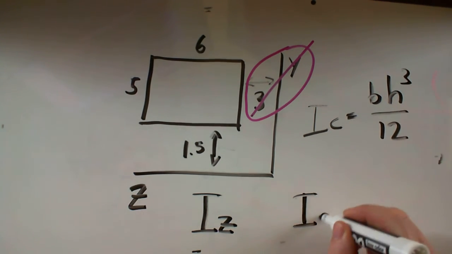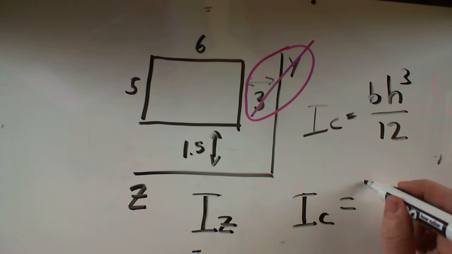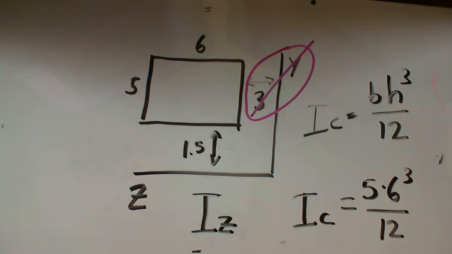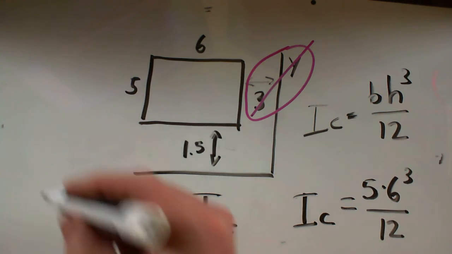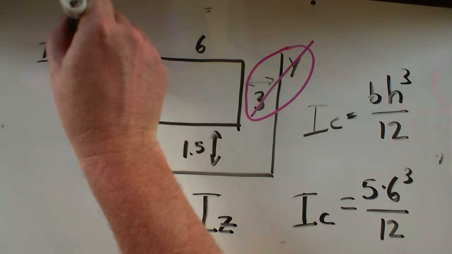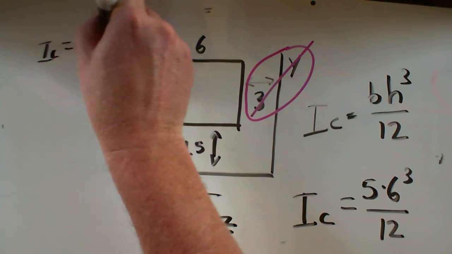In this case, I sub c is going to be 5 times 6 cubed over 12, and we see that the I sub c value is 62.5. So I sub c equals 62.5.